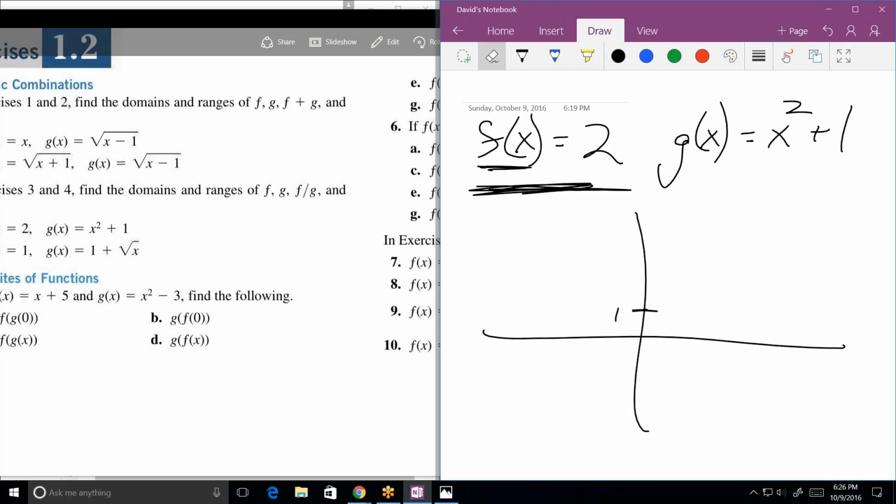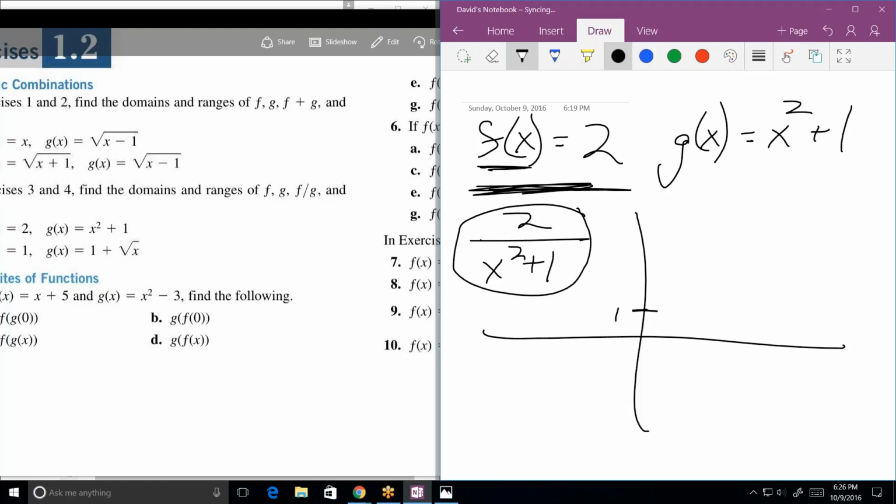Now, interesting that they didn't ask us for domain and range of the sum, but the division. So, what's the division? It's 2 over g, which is x squared plus 1. So that's f divided by g.